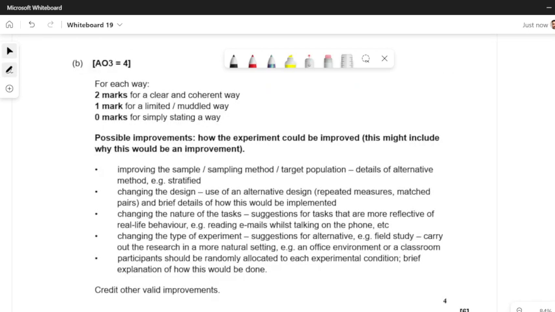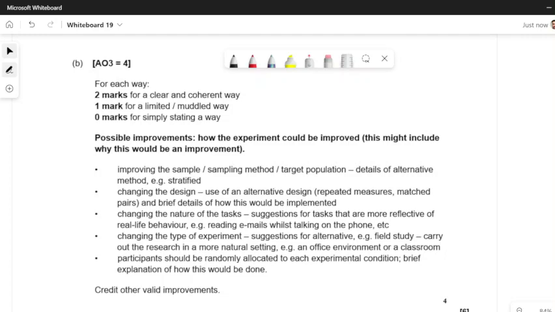And finally, there is your last question. So this is the one in terms of improvements. Okay, it says possible improvements, credit other valid improvements, so you could do other things, but there is a variety of things that you could use there.